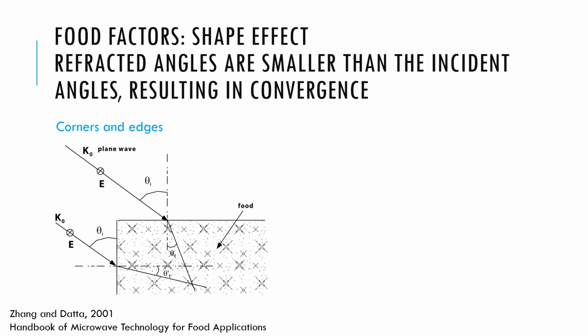The first one is talking about what happens in corners and edges. And you might have observed that microwave heated food is hotter, and the edges and corners are particularly dried up at corners and edges.